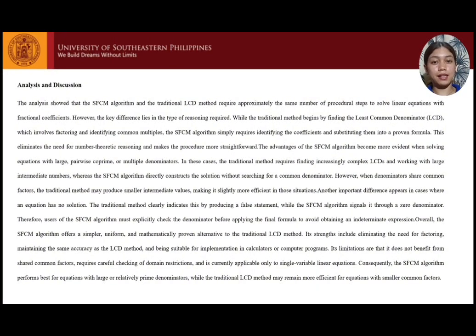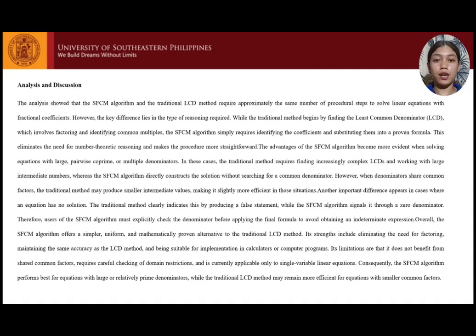SFCM replaces that entirely. All a student has to do is identify the coefficients and substitute them into a formula that's already been proved correct. There is no factoring judgment required anywhere in algorithm 1 or algorithm 2.